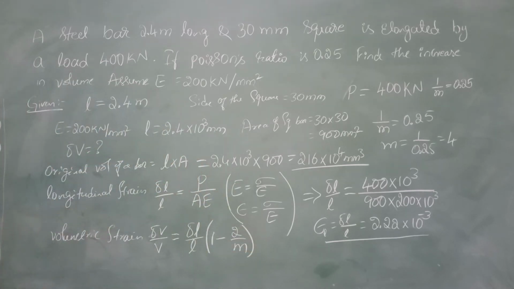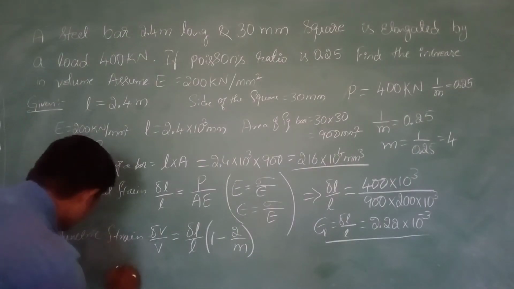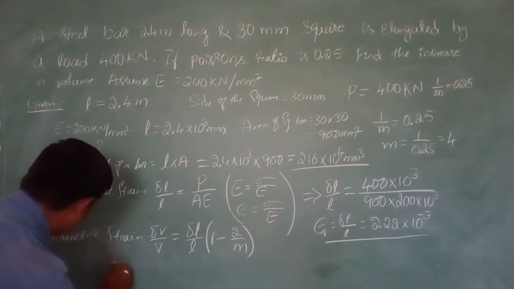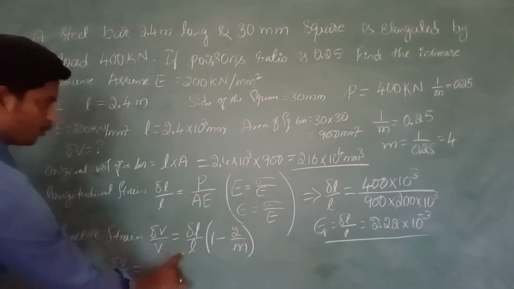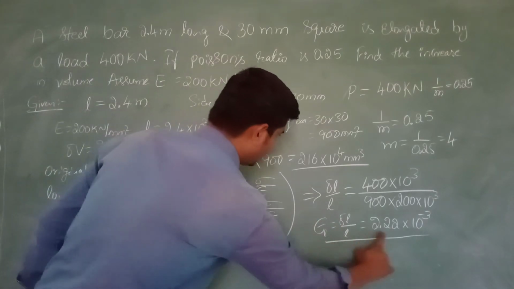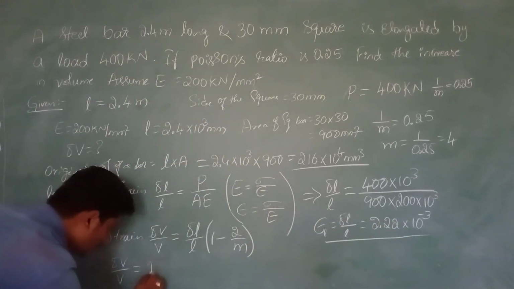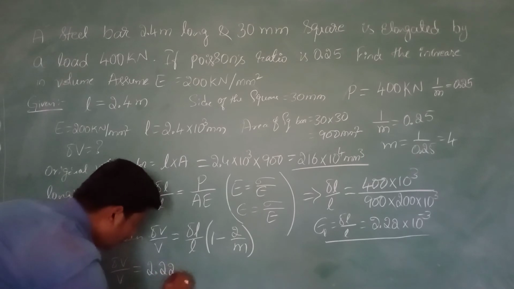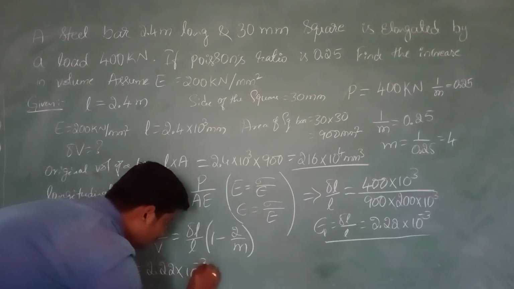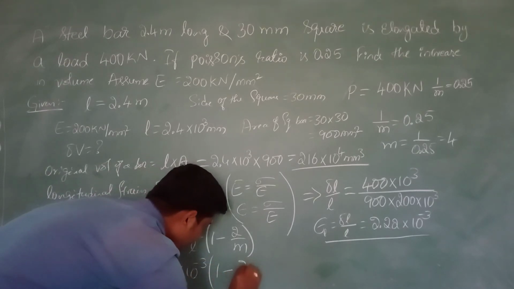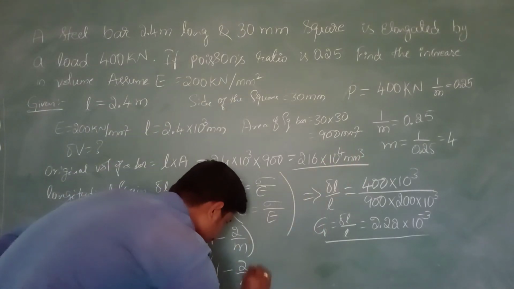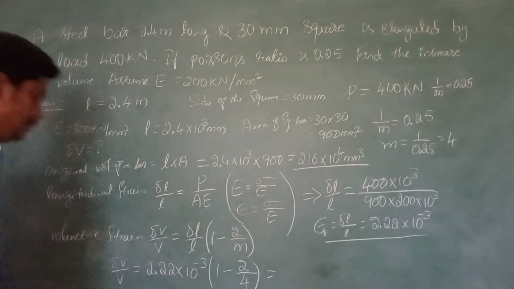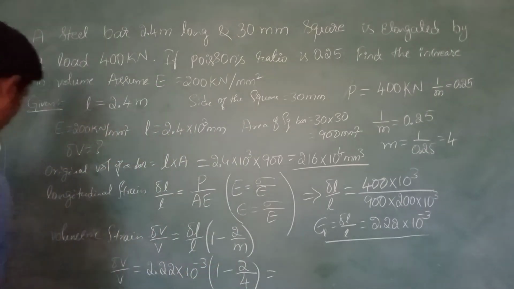So substituting the values, delta V divided by V is equal to 2.22 into 10 to the power of minus 3 into 1 minus 2 divided by 4, where m is equal to 4.